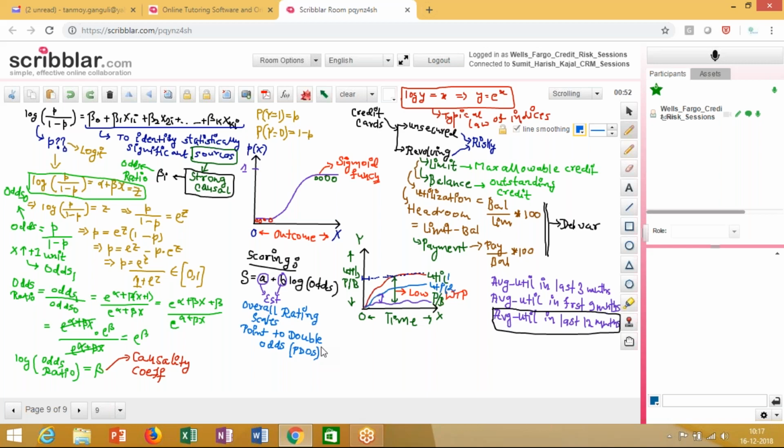Okay, so what we have over here is a point to double odds. The first question that comes up is the overall rating scale. Now the overall rating scale can be easily defined in terms of the mean score. So I say that my mean score is 625, and the next part is the standard deviation, which is 25.